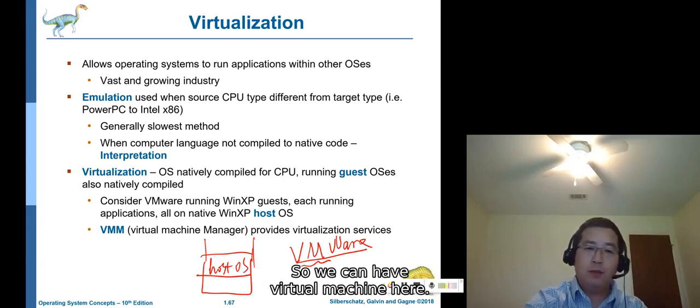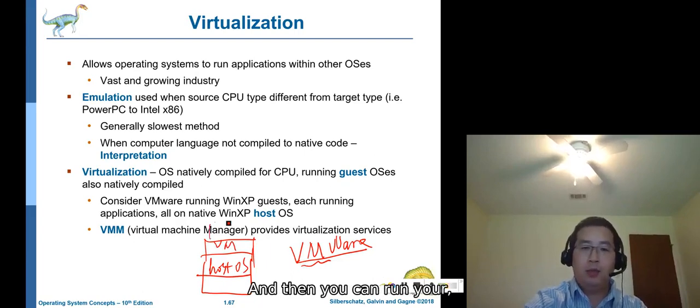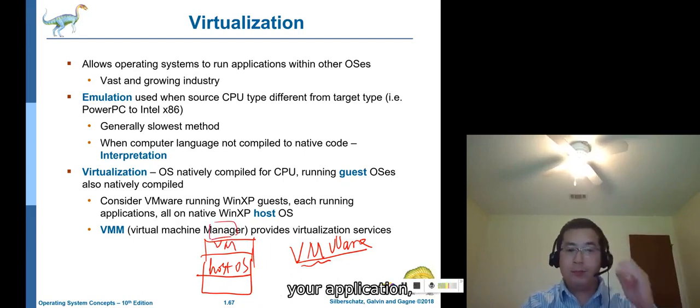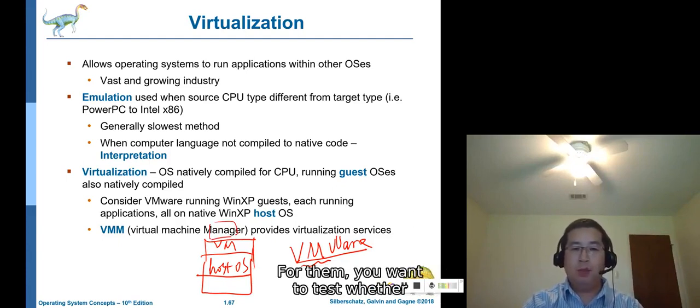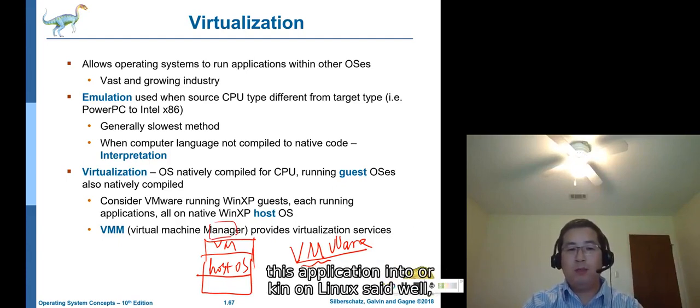So we can have a virtual machine and run your application built for that new operating system. For example, you want to test whether this application works on Linux as well.